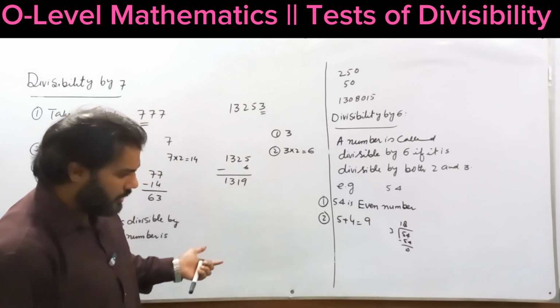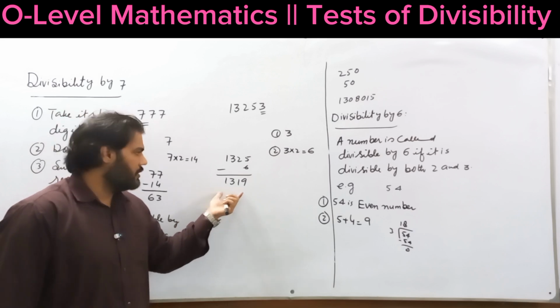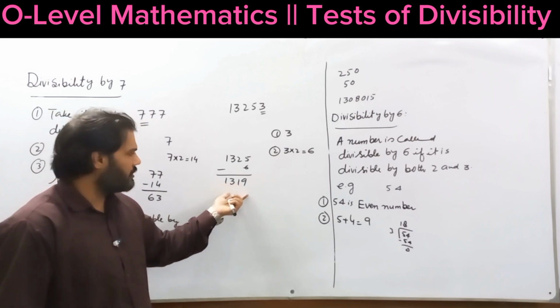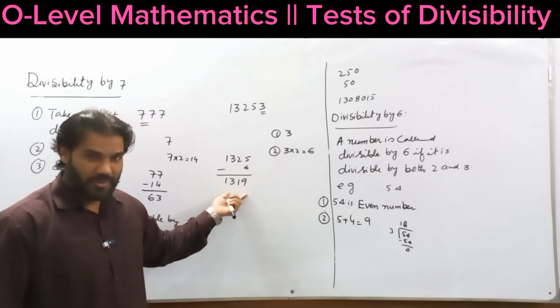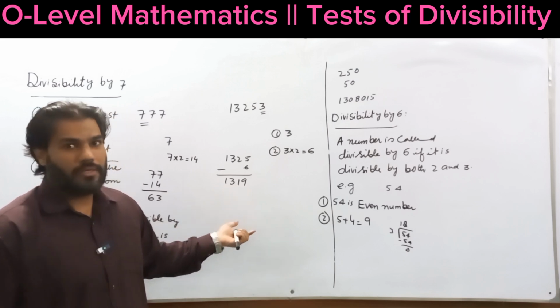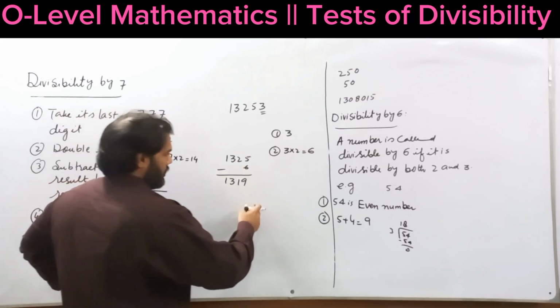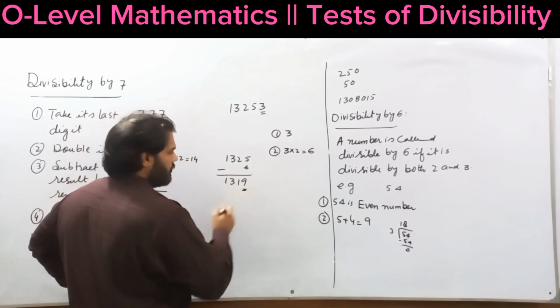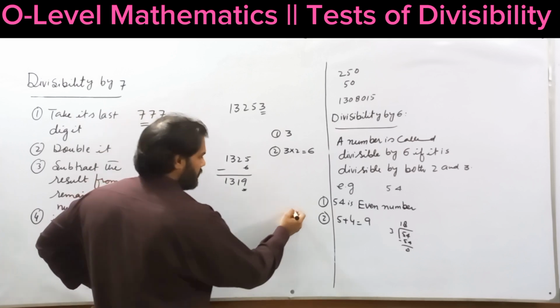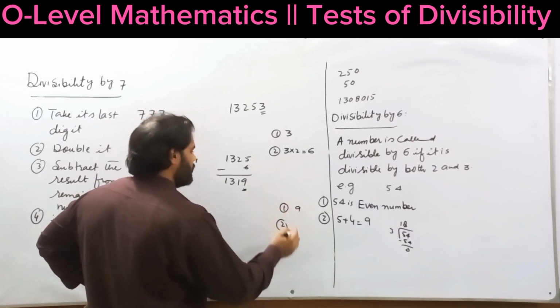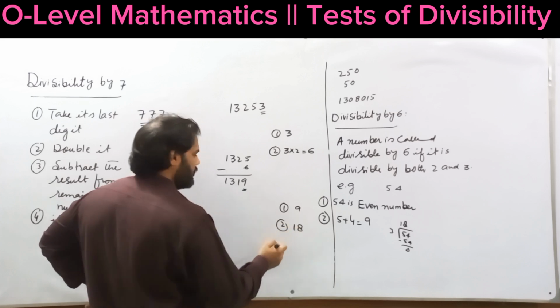Now again, it is not possible to tell directly whether the given number 1319 is divisible by 7 or not, so you can repeat the same procedure again. Again, you can take the last digit 9. Now double 9, you will get 18.